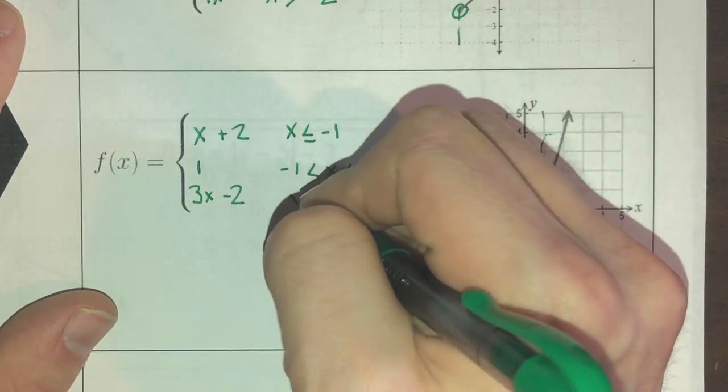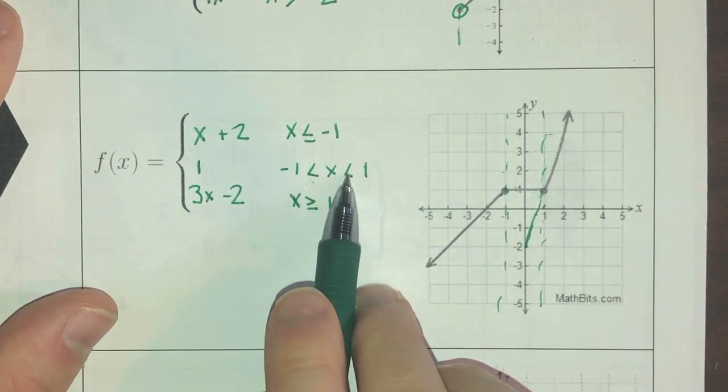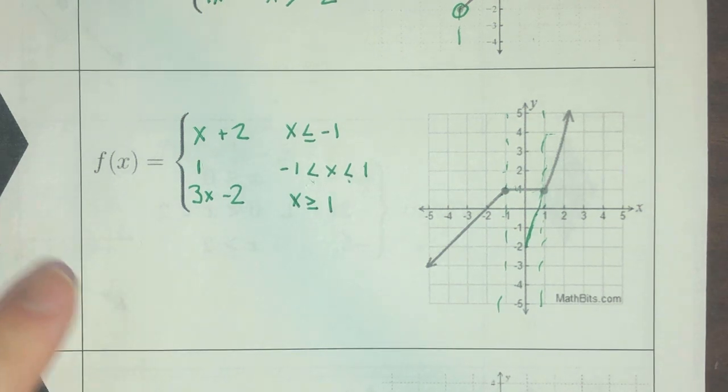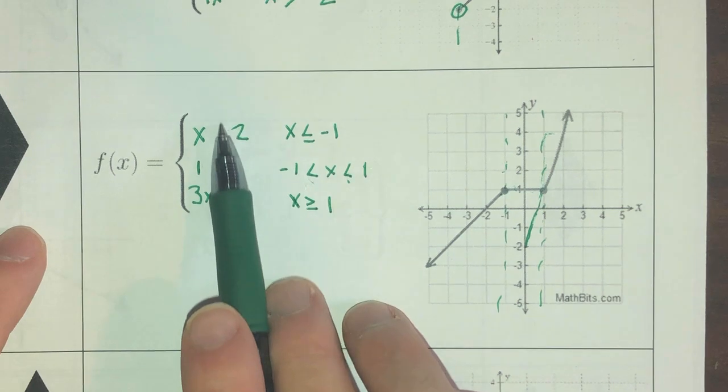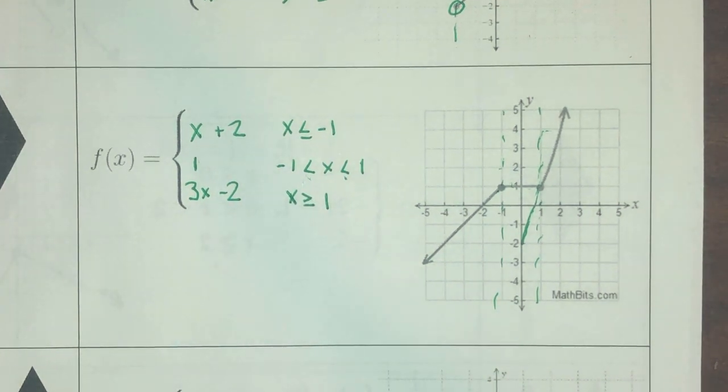So in this one, I'm going to do x is greater than or equal to 1. If that's not an or equal to, this is an or equal to. Sorry, a little hiccup there. All right. So remember, you're writing each rule one at a time. You're writing the corresponding inequalities one at a time.